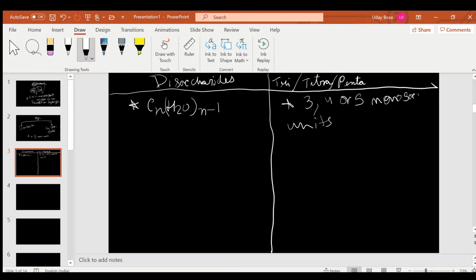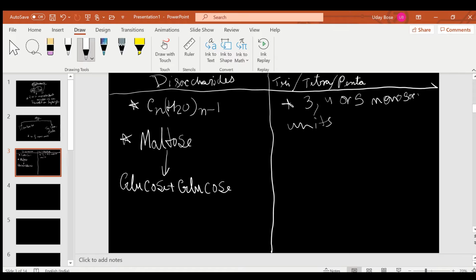If I give you some examples of disaccharides, I would first mention maltose, which is formed by joining 2 units of glucose.